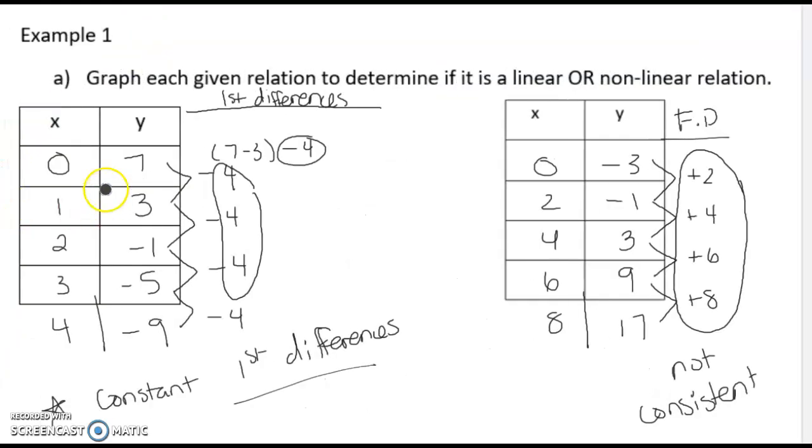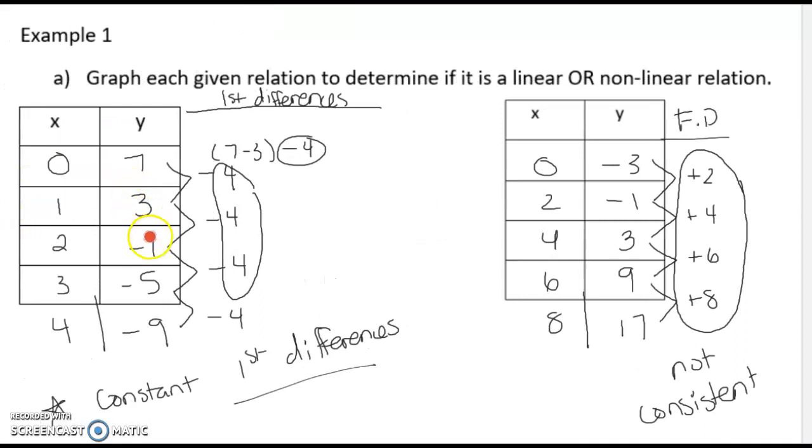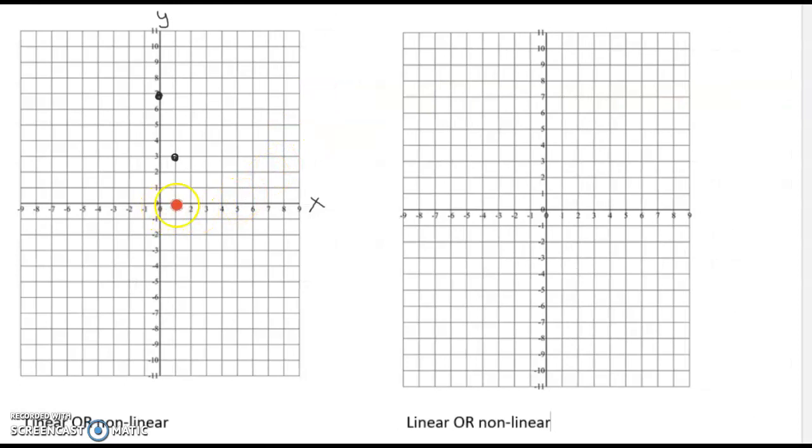Next one, when x is 1, y is 3. Put a dot. Next, x is 2, y is negative 1.